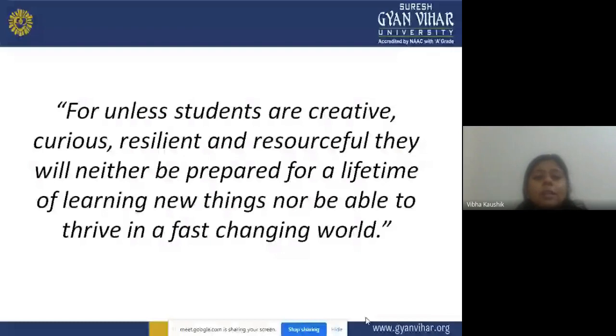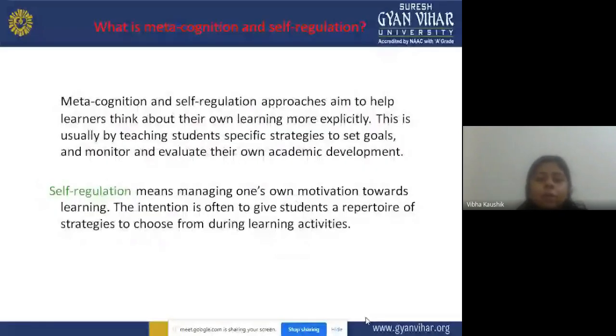What is metacognition and self-regulation? Metacognition and self-regulation approaches aim to help learners think about their own learning. Metacognition means thinking about thinking. This is usually done by teaching students specific strategies.